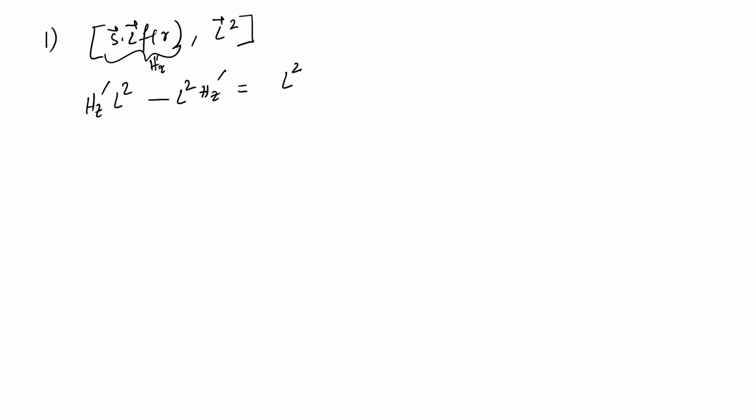So, wherever you want to write f, it does not matter. f is only a function of r. I am not even writing the radial dependence. So, it is simply f, say for now, and it is L square S dot L minus f S dot L into L square. Okay. So, that is what we have to do.